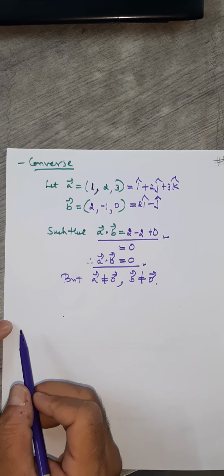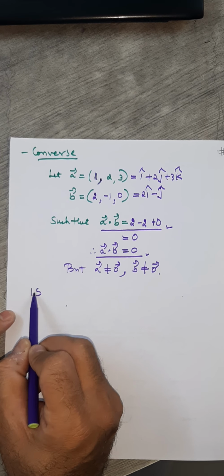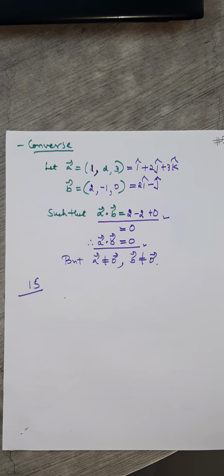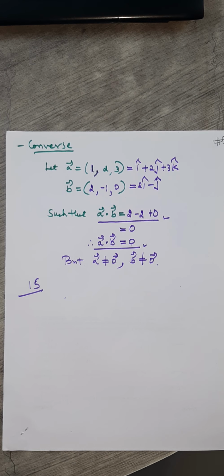Question number 15. Question 15, you are given a triangle. The question is find the measure of angle ABC. So in the question it is given that ABC is the angle between vector BA and BC, remember. Okay.